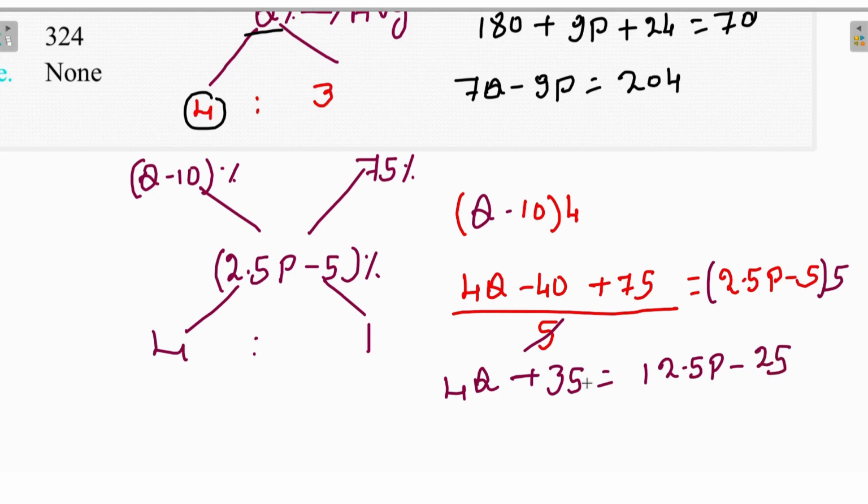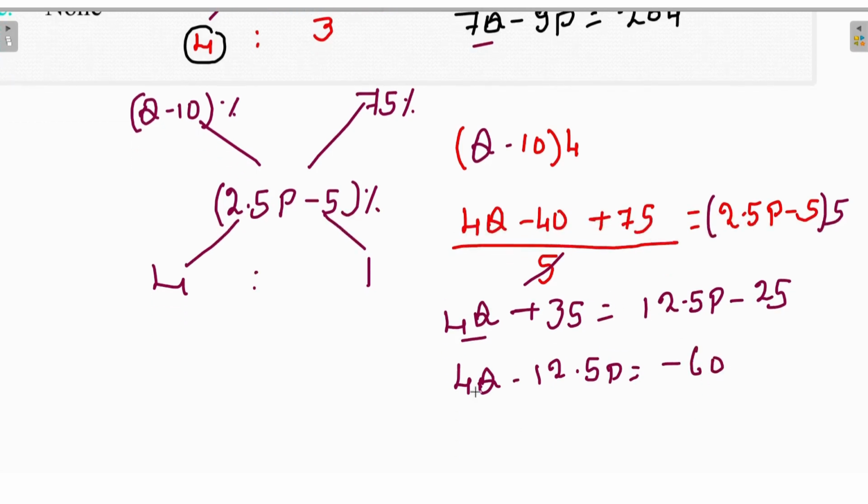Minus 25, if it comes to this side, it will be 60. 4q and minus 12.5p. Here q I have positive, so I want q positive. If I shift this number to this side, 4q minus 12.5p is equal to minus 60.